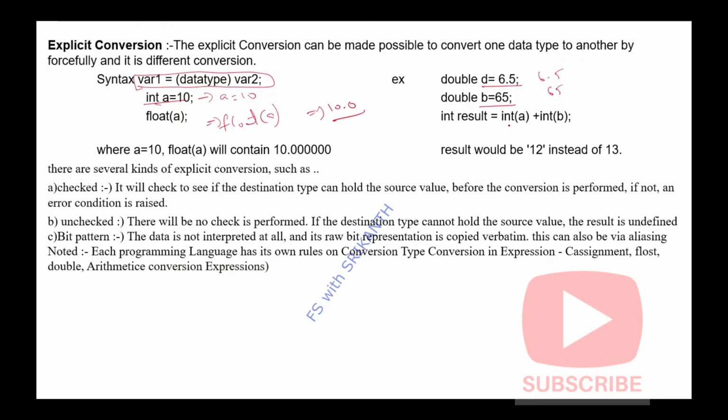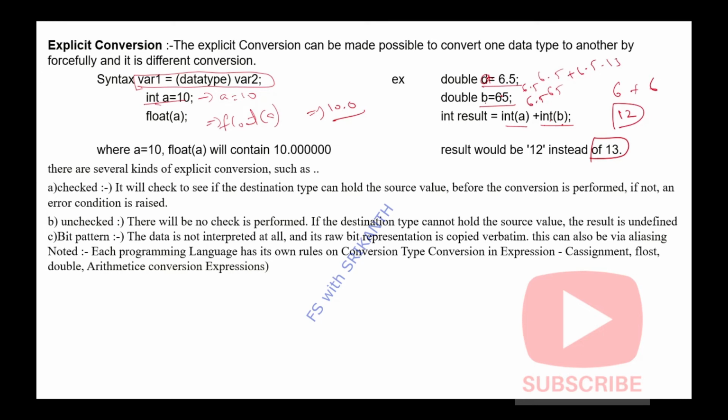Just observe, double 6.5 and double 6.5. But int a plus int b. What is the value of int a? And what is the value of int b? Suppose we consider a is 6.5 and b is also 6.5. After forcing int, we get 12 only, but instead of 13, 6.5 plus 6.5 is total 13.